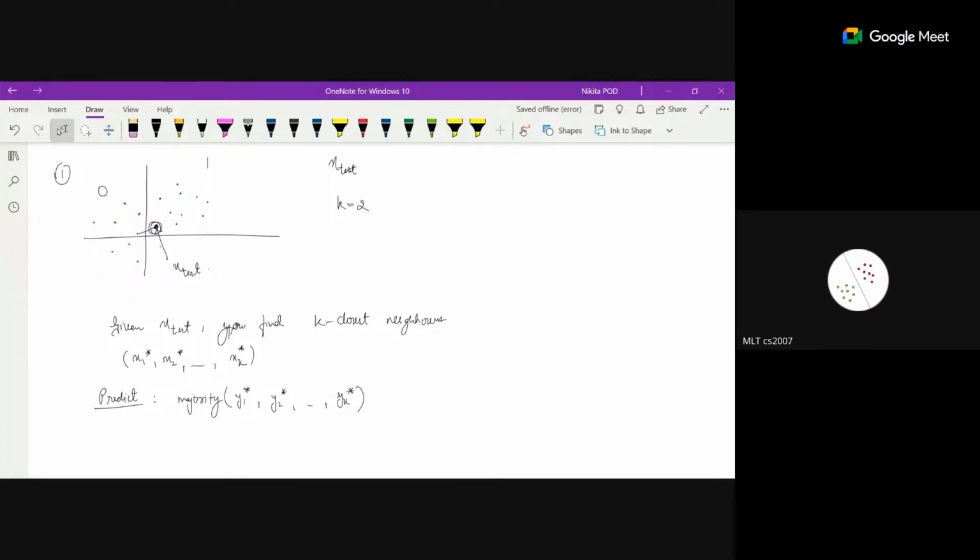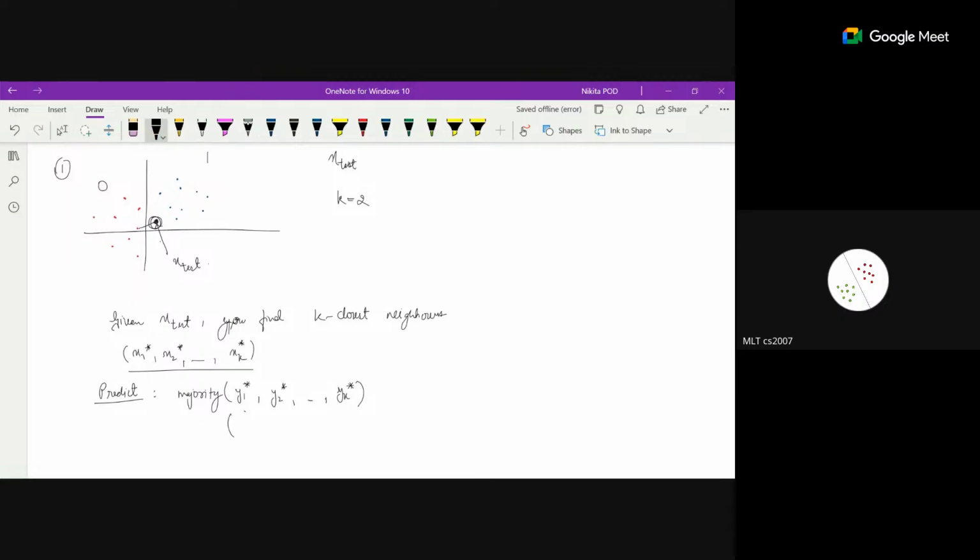When we say majority, it means, let's say, these were my K closest neighbors, these xi stars. Let's take K to be 5. Maybe my y1 star is 1, my y2 star is 1, my y3 star is 0, my y4 star is 1, and my y5 star is 0.